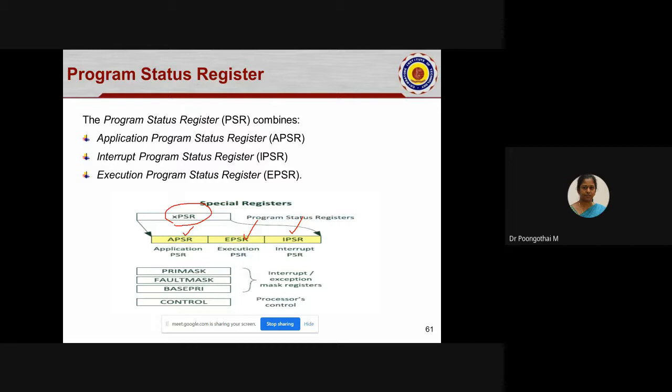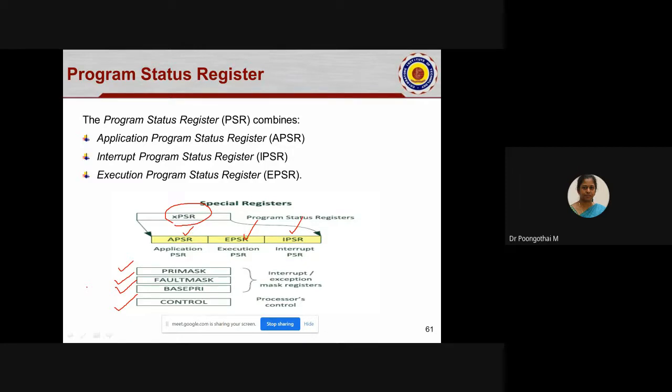Along with that, we have four special function registers for controlling the processor execution: the priority mask, fault mask, base priority, and control register. Along with XPSR, these four special function registers control the activities of your microprocessor.